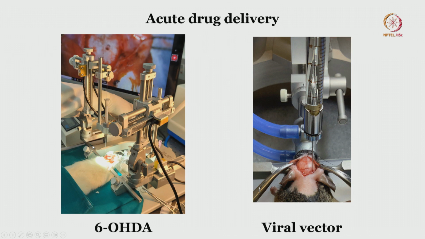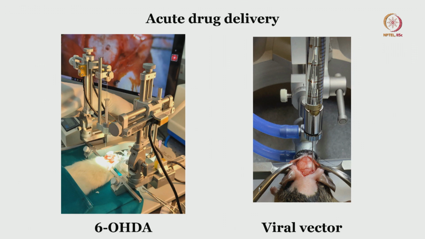For example, if you instill it into the medial forebrain bundle, which is a structure in the basal ganglia, you will see a complete dopaminergic depletion and get a full-fledged Parkinsonian model. Whereas if you instill the 6-OHDA into the striatum, the corpus striatum, as you may remember from the neuroanatomy session, you will get a partial dopaminergic loss and a partial Parkinsonian model.